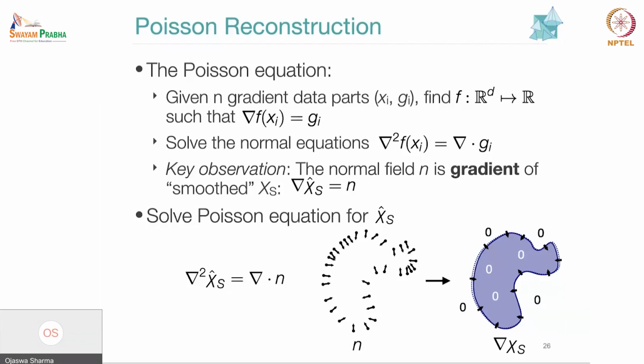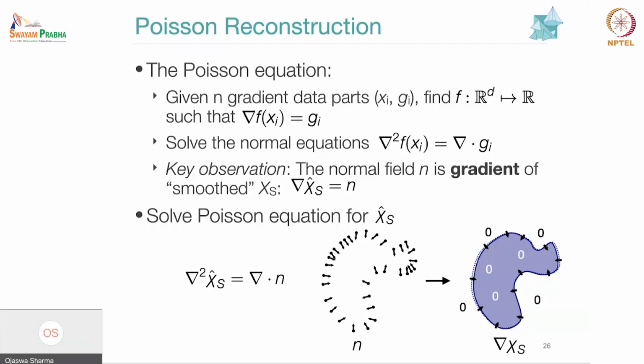The indicator function is C minus 1, because look what happens at the boundary. Inside the boundary I have 1, and outside the boundary I have 0. So there's a sudden jump, and that's a C minus 1 continuity, or in other words, a positional discontinuity.